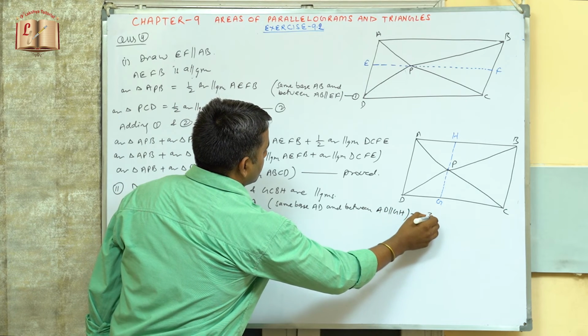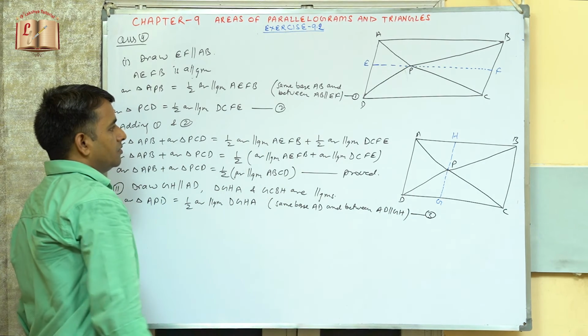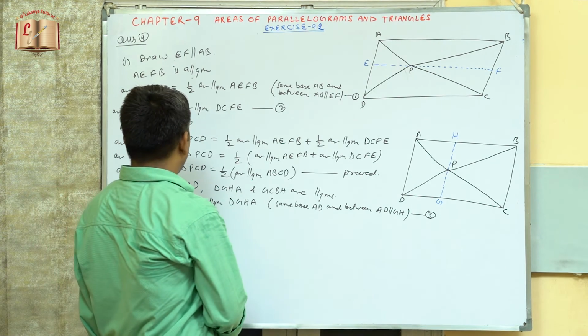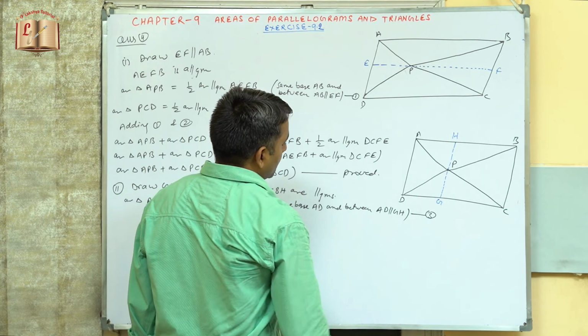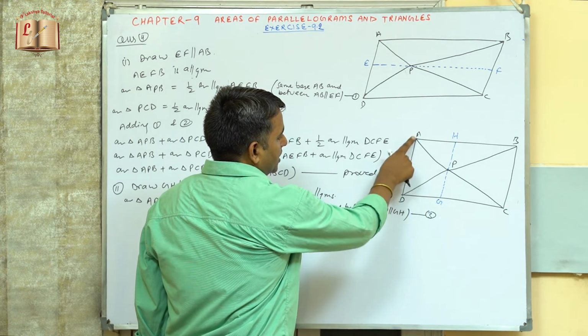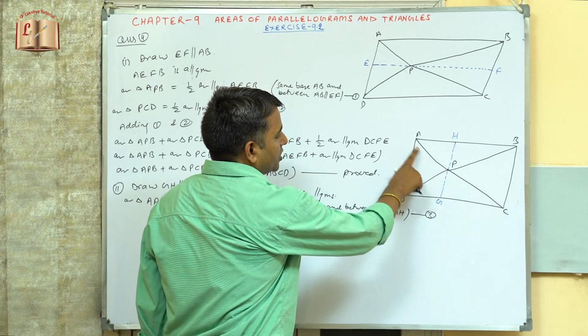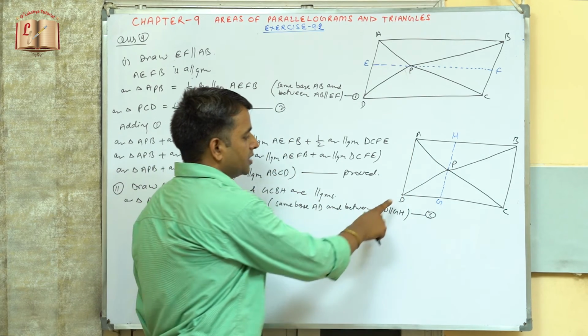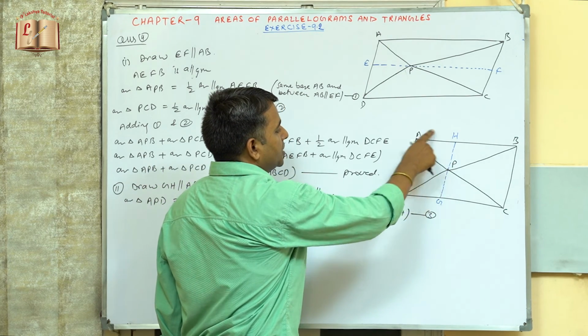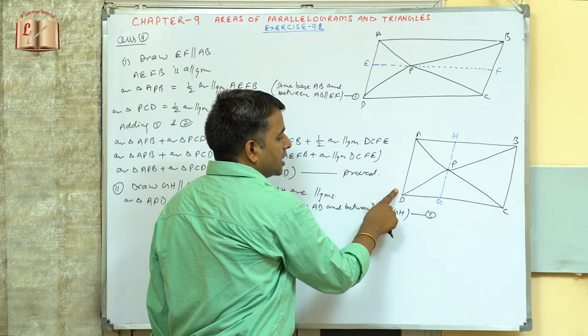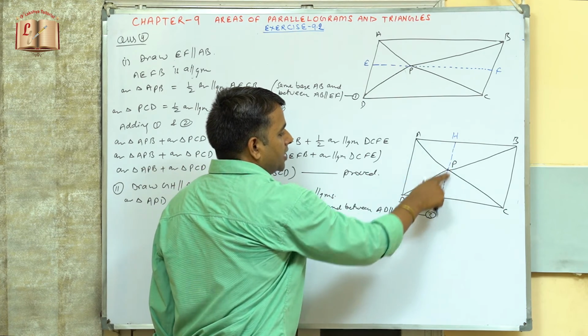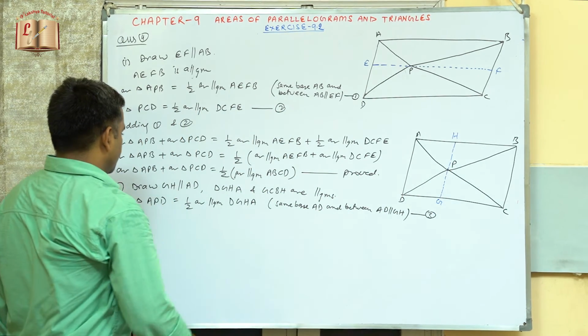So this is equation number 3. See that area of APD will be equal to half of the area of parallelogram DGHA, because they are on the same base AD and between the parallels AD and GH.